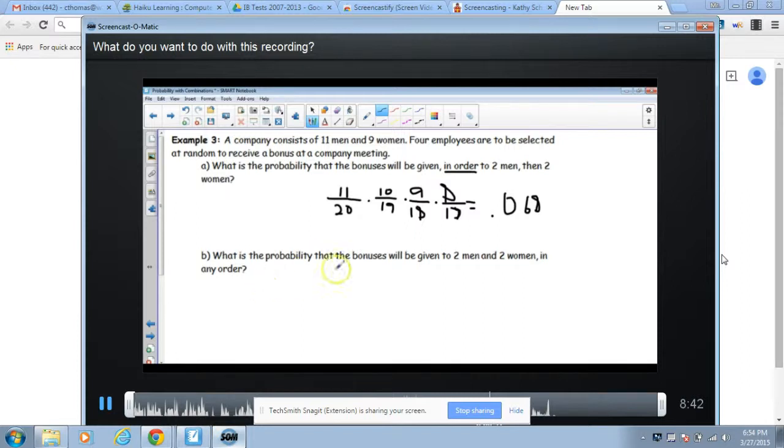And then the next one, this one is in any order, so now we can use the combinations. So first we're going to choose 2 men out of 11, and then 2 women out of 9.